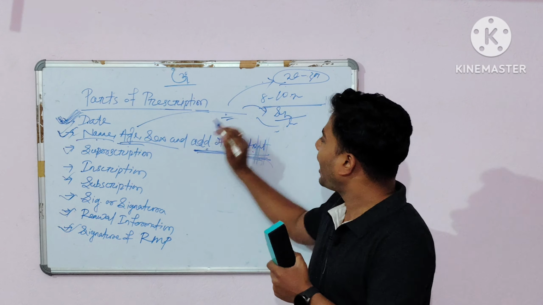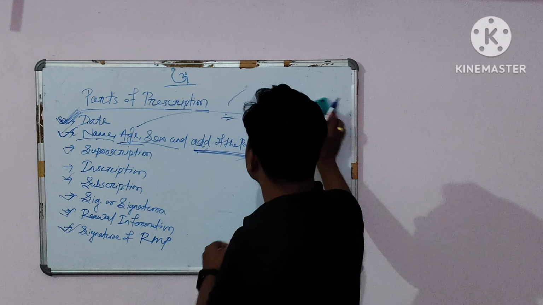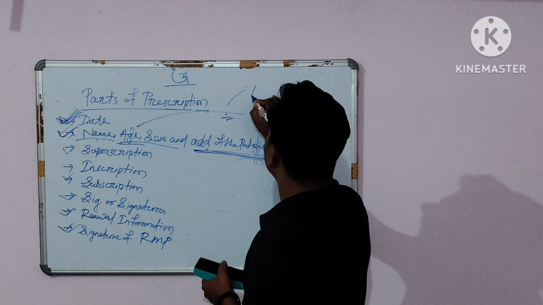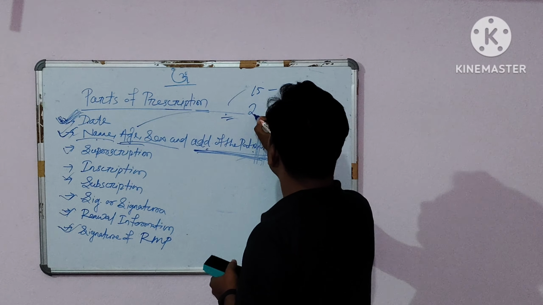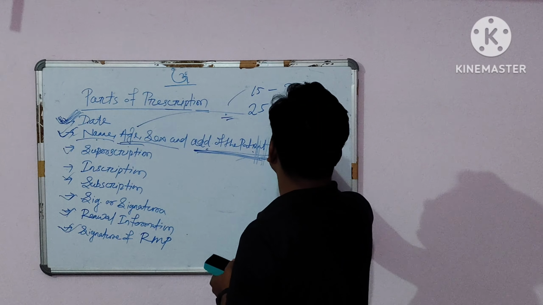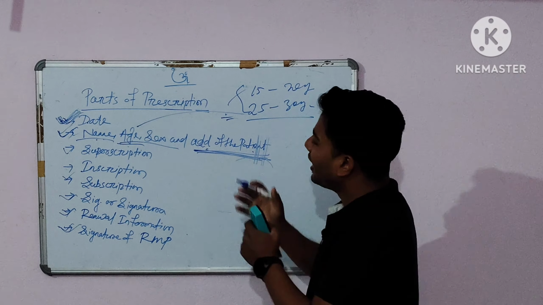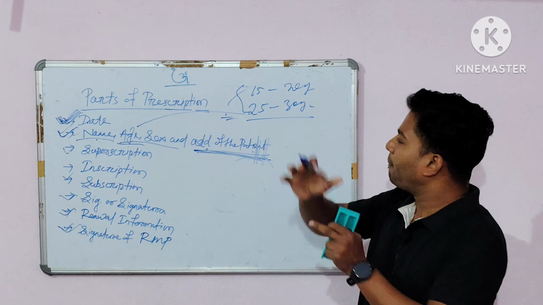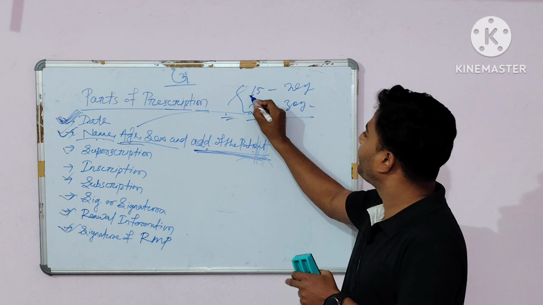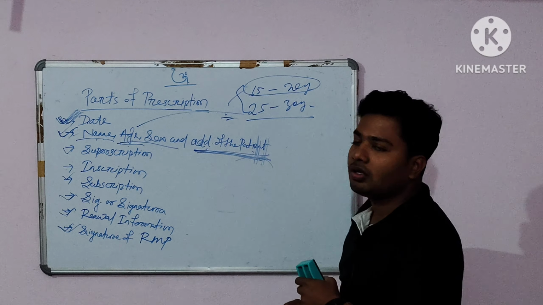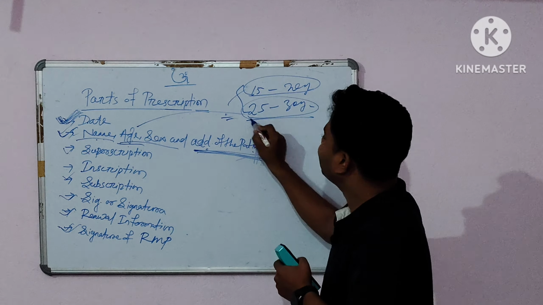Okay, and another thing, if there is variation, say 15 to 20 years and 25 to 30 years, in this case the physician prescribes a small dose to 15 to 20 years old and a higher amount of dose to 25 to 30 years old.